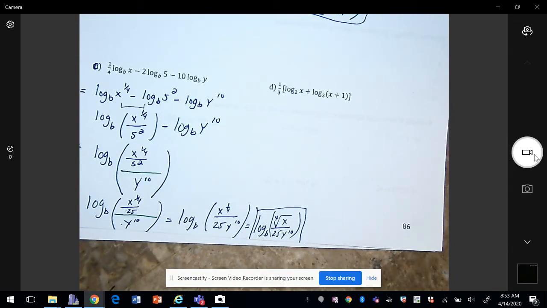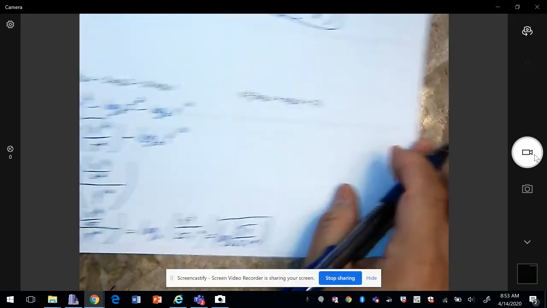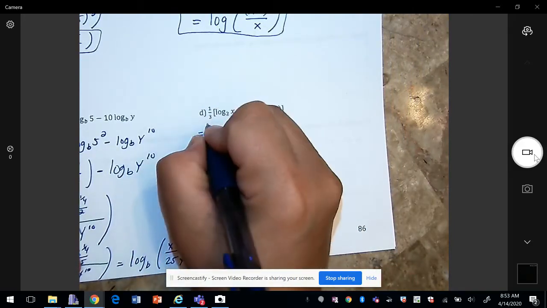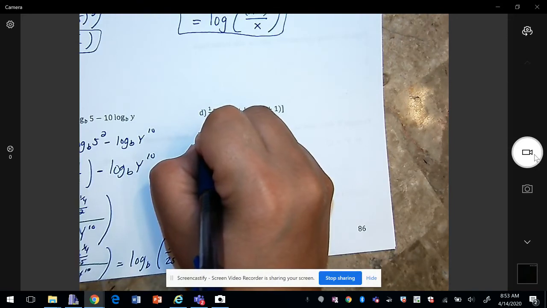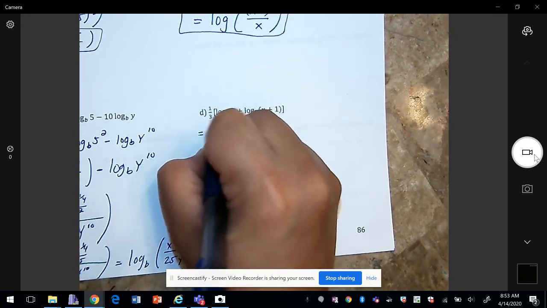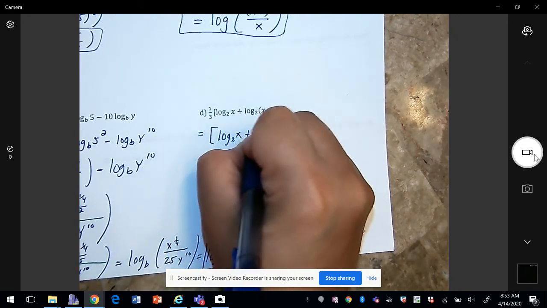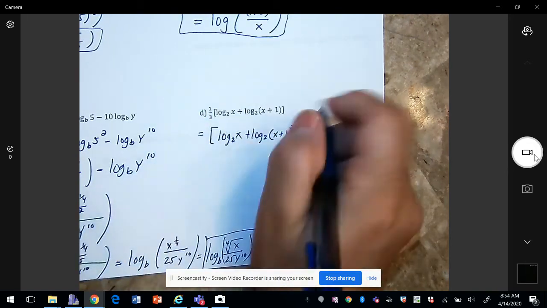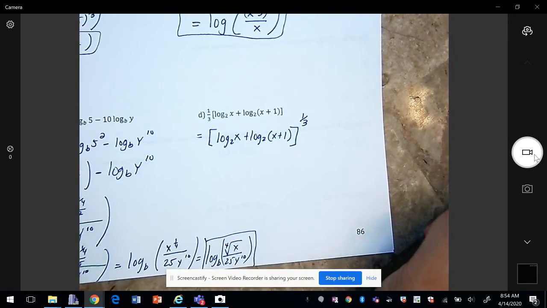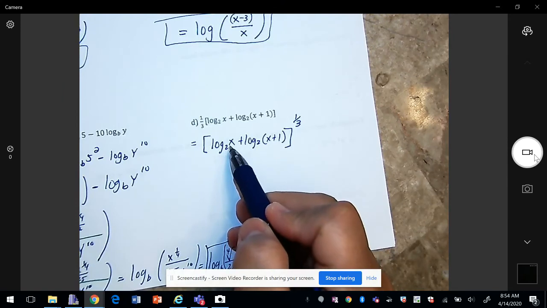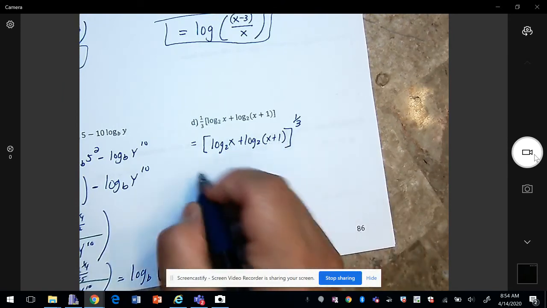Okay, so let's try the next example. So here we can rewrite this as log base 2 of x plus log base 2 of x plus 1, and the power here we can bring to the front. So now we have log base 2 of x plus log base 2 of x plus 1.